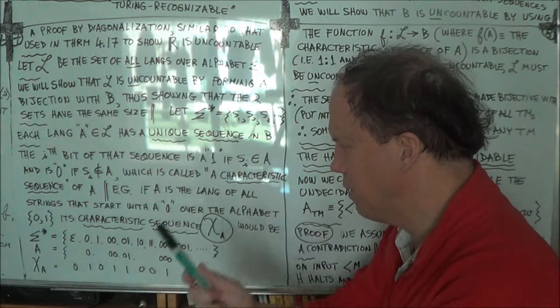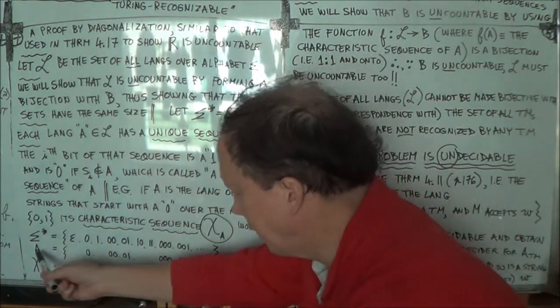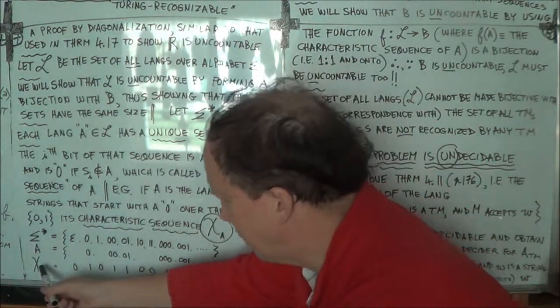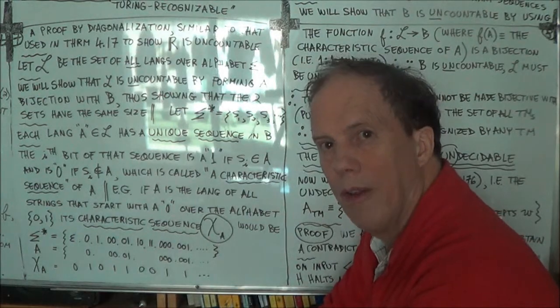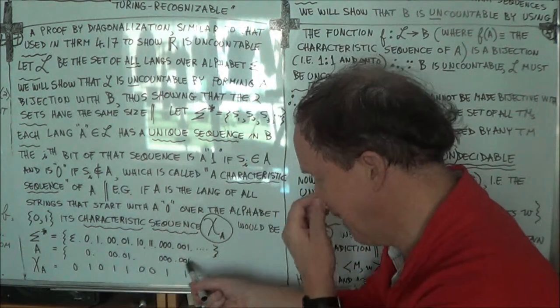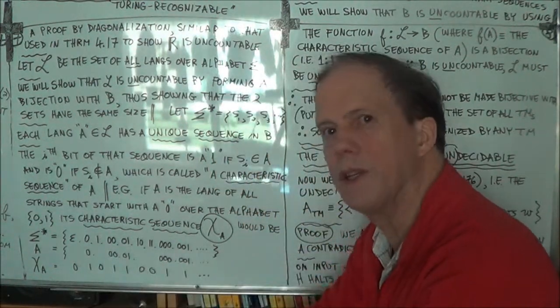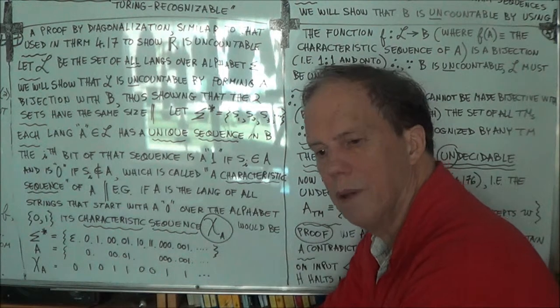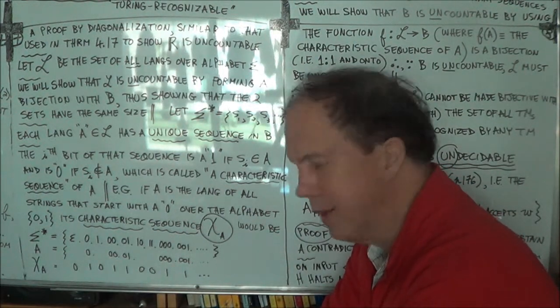Now, can you see that given the language, there will be a characteristic sequence? For any language written like this, there will be a characteristic sequence for that language. It'll be a one-to-one and onto mapping.